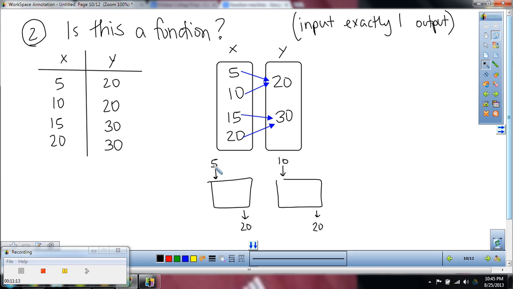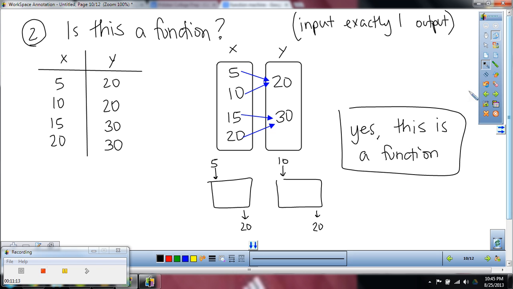Right? We're not having one number give us 2 things. That's a problem. But 2 different numbers can give us the same thing. That's okay. Right? So, yes, this is a function. Because every single input has one and only one output. Right? And yes, this is okay, and this is okay.